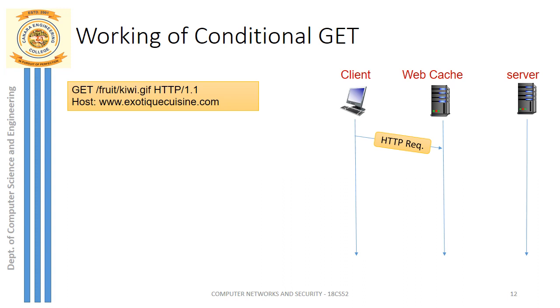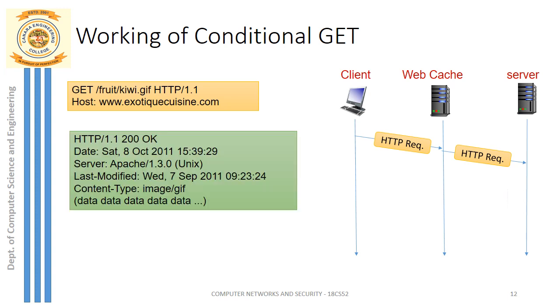Since the web cache does not have this object, the web cache will request the object from the server. So an HTTP request will be made from the web cache to the server. Now the server will respond with the requested object.